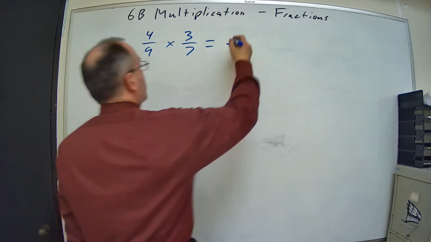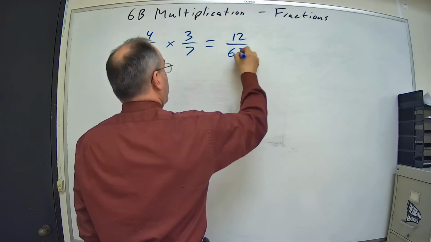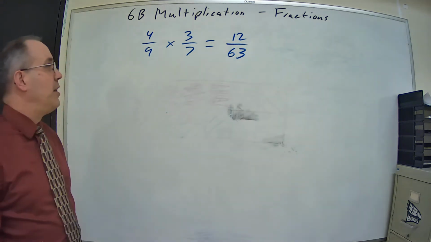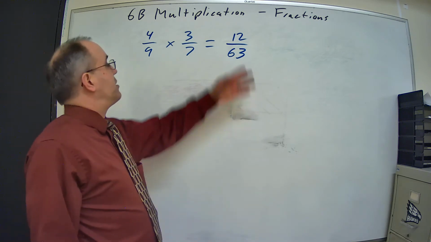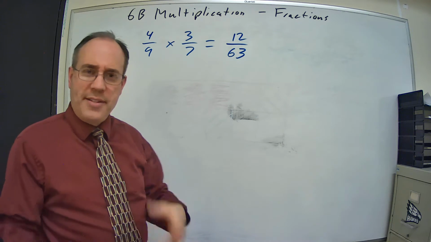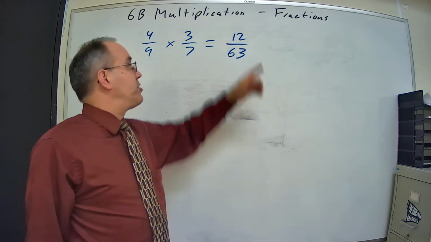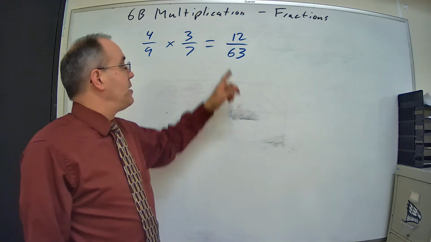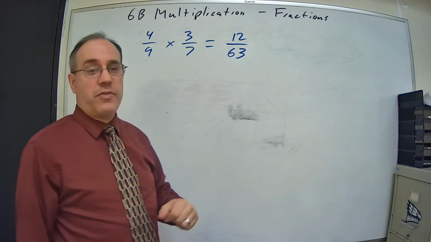4 times 3 is 12. 9 times 7 is 63. We have 12 63rds. And we need to simplify if possible. Well, I remember divisible bys. 1 plus 2 is 3. 3 is divisible by 3, so the numerator is divisible by 3. 6 plus 3 is 9. 9 is divisible by 3, so the denominator is divisible by 3.